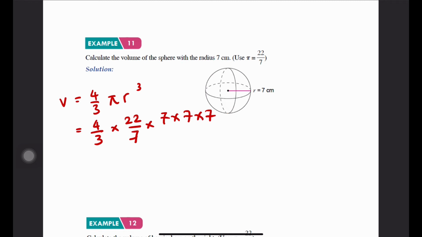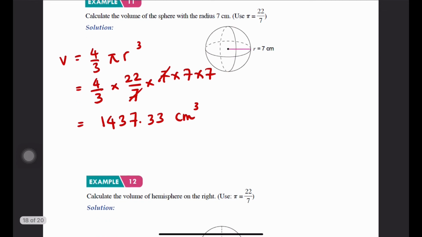This one we can simplify, and then press calculator. And your final answer is 1437.33 centimeter cube.